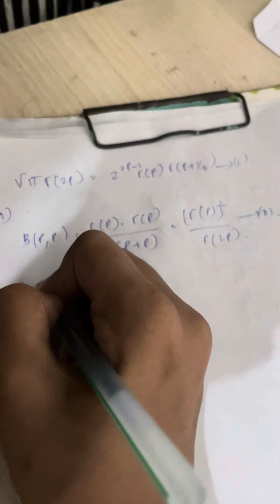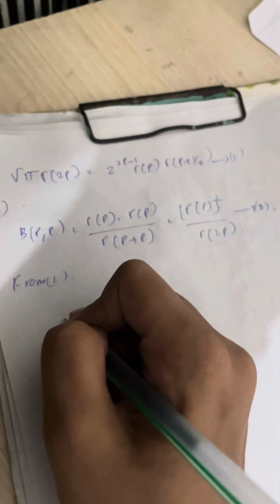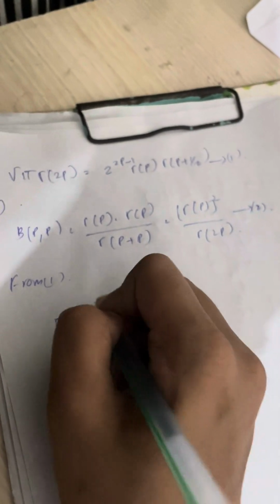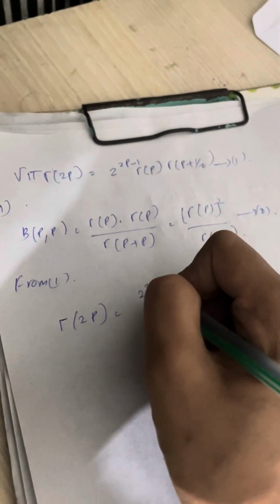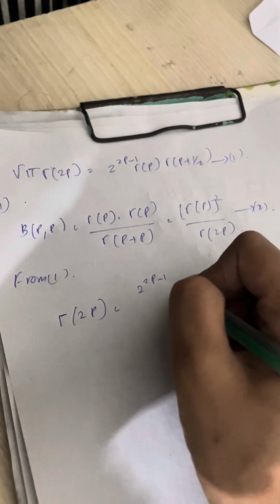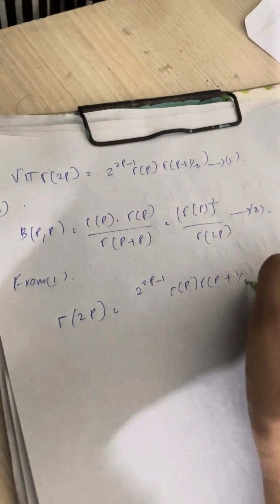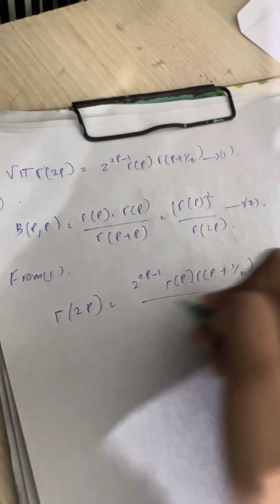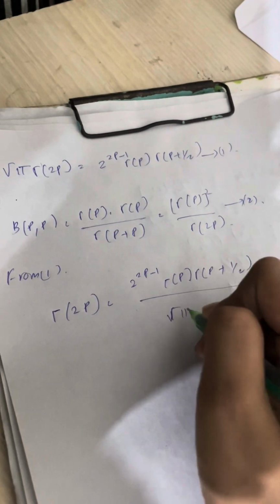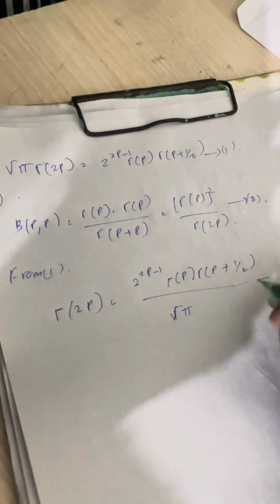From 1 we get gamma of 2p, which is equal to 2 raised to 2p minus 1 gamma of p into gamma of p plus 1/2 by root pi. This is the equation number 3.